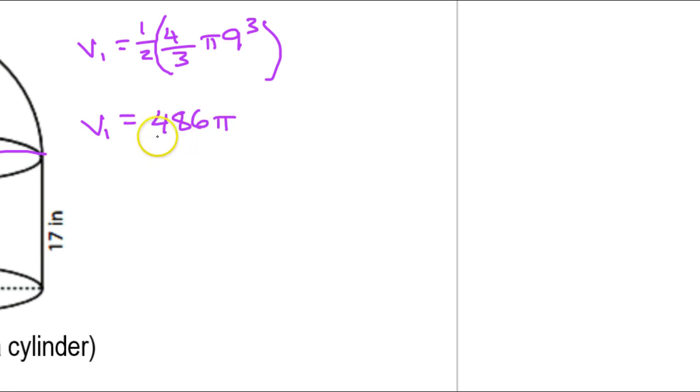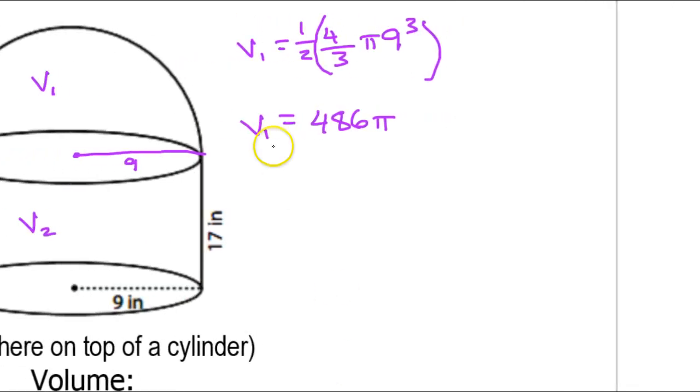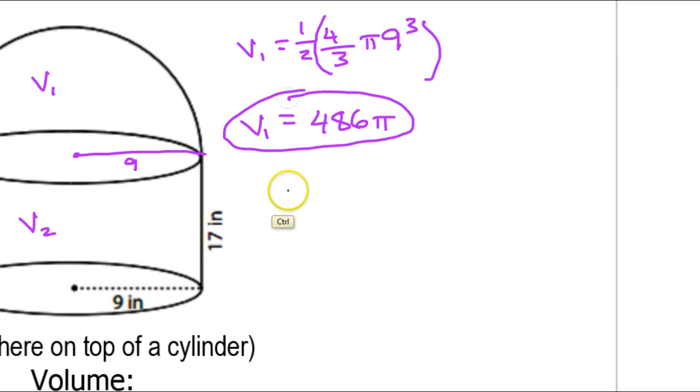Alright, notice that I don't turn this into a decimal yet. Always wait until the very last step before you make a decimal. Okay, so this is volume 1. Let's just keep that in the back of your mind. So now I'm going to go and find volume 2.